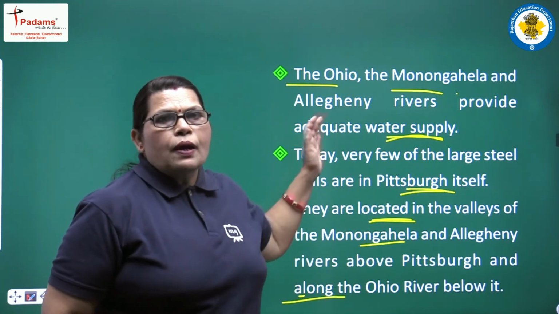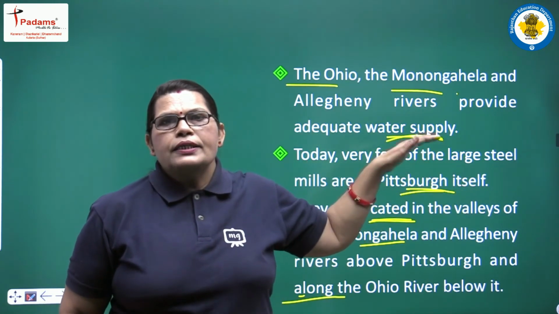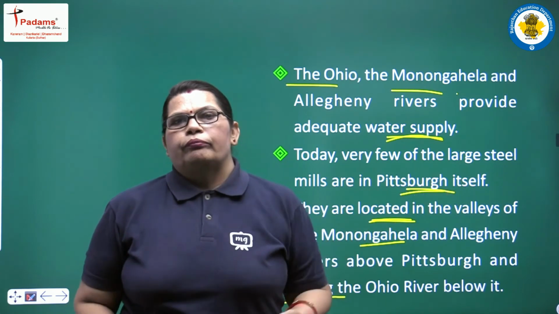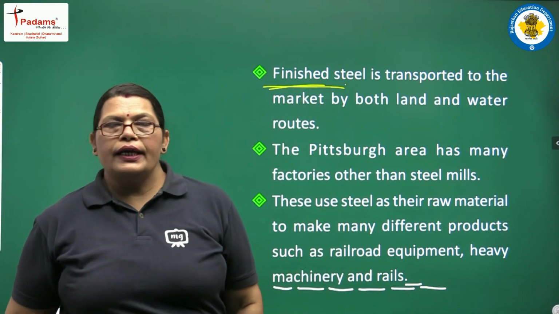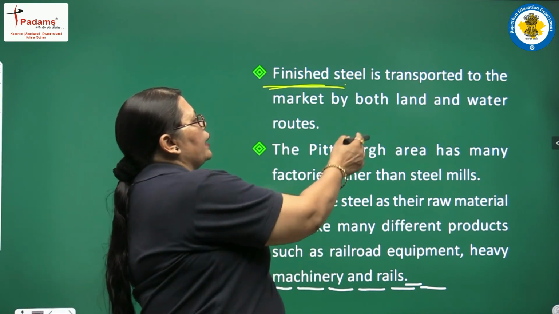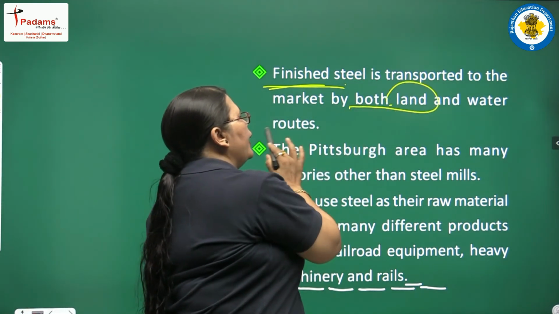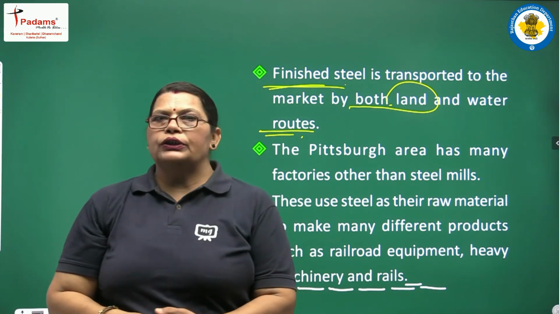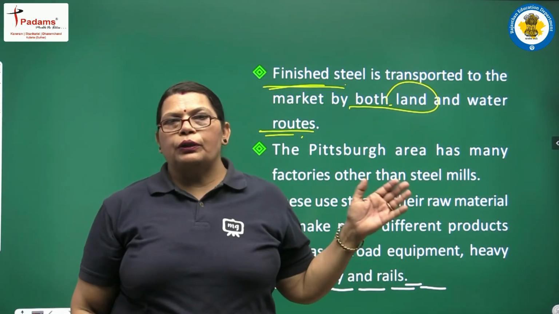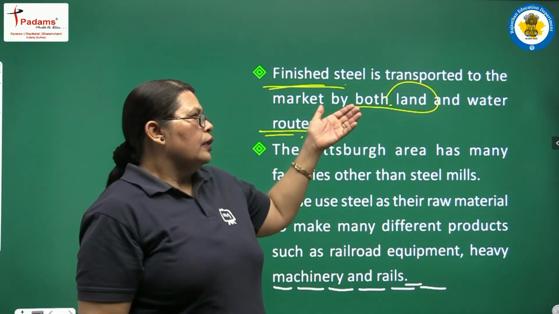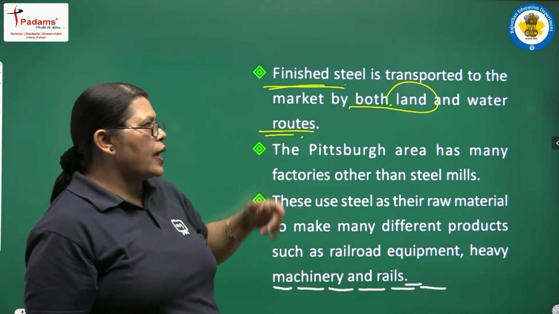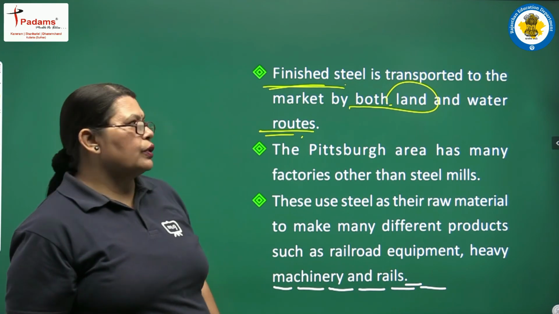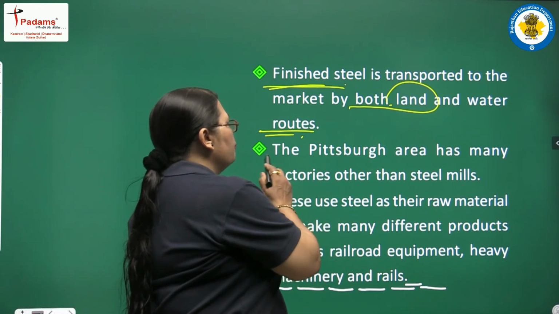So with the supply of water, these industries grew up. The finished steel is transported to the market by both land and water routes, so land as well as water routes are easily available for transportation to the market.